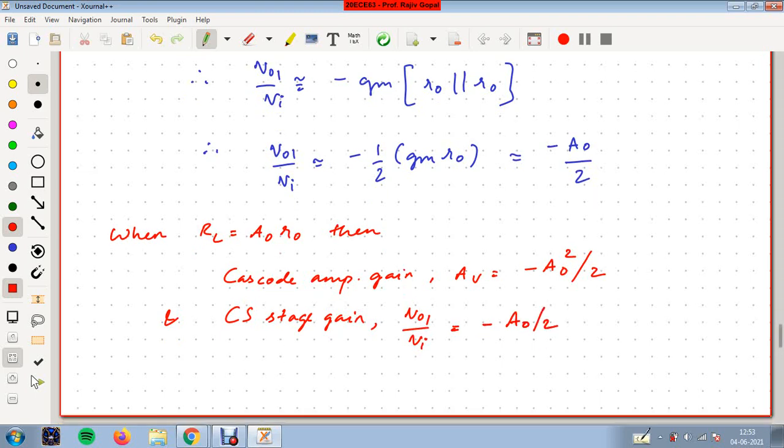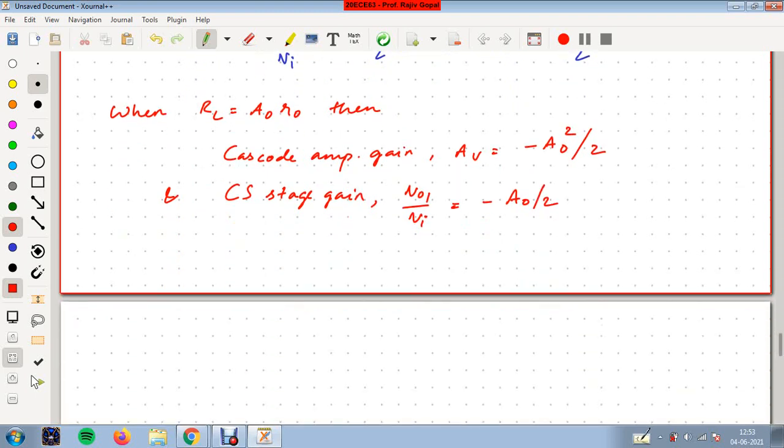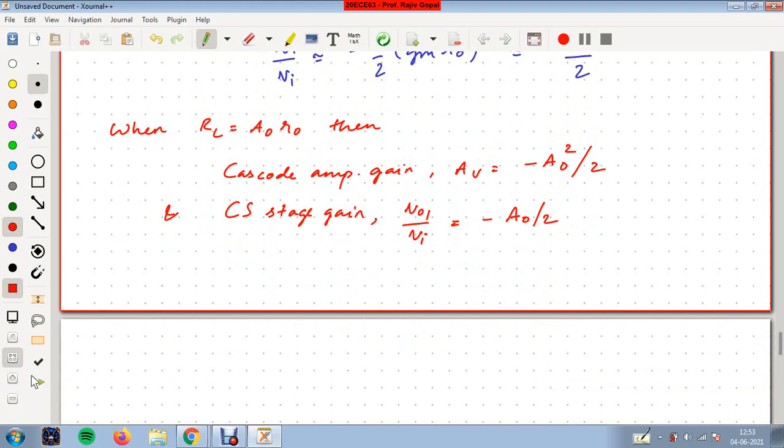So here you can see that the overall gain is minus A naught square by 2, and out of that the common source stage gain itself is minus A naught by 2.